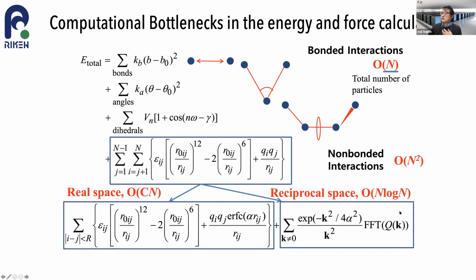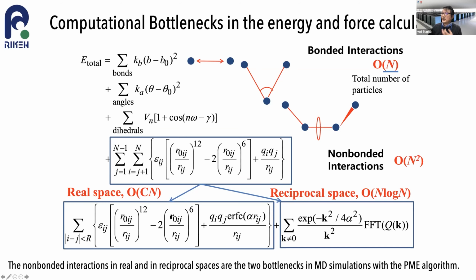That part we call the reciprocal space calculation. This is actually a more expensive n log n operation. But anyway, we have to optimize these two non-bonded interactions in MD calculation. So I'd like to explain our efforts briefly one by one.